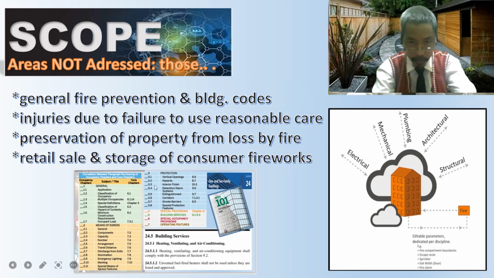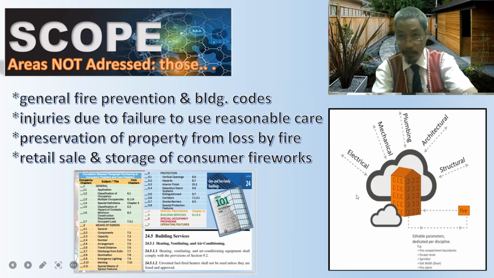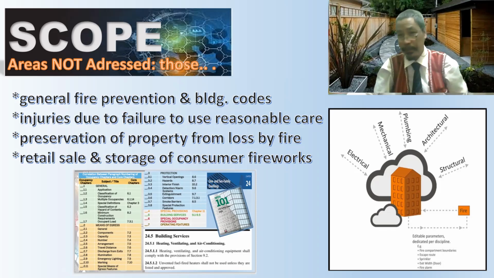So we have here the picture of electrical, mechanical, plumbing, architectural, structural, and in our country we have another one, which is electronics. So there are 8 professionals working on our engineering plan.